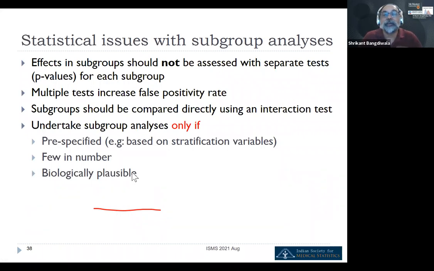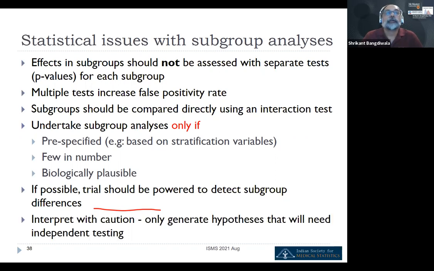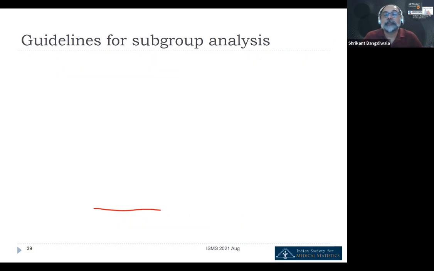You do it on biologically plausible situations. And if you're going to be doing this, you should actually have enough power to detect subgroup differences, and this interaction test often doesn't have enough power. So interpret with caution and only use it to generate hypotheses that will need independent testing.